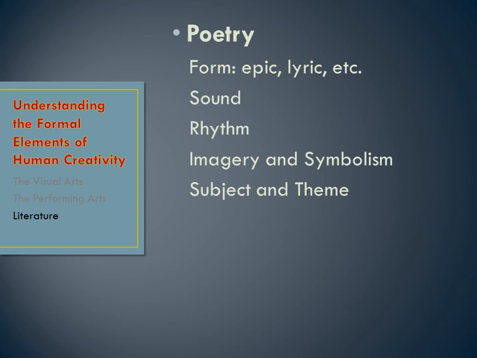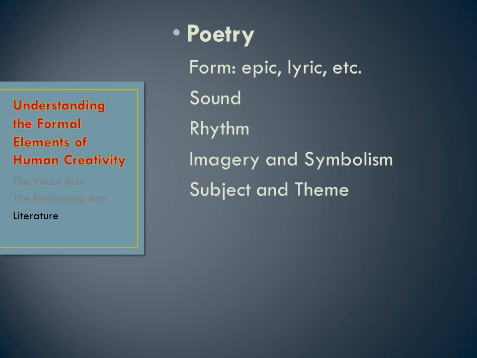And part of the art of writing some forms of poetry is making poems that make sense in terms of what they're saying, but using words that have the same rhythm to them with the same arrangement of syllables. And so that's part of what some forms of poetry are about. Other forms of poetry, especially more modern forms of poetry, don't pay any attention to that stuff at all. And instead they use other ways of organizing the poetry.